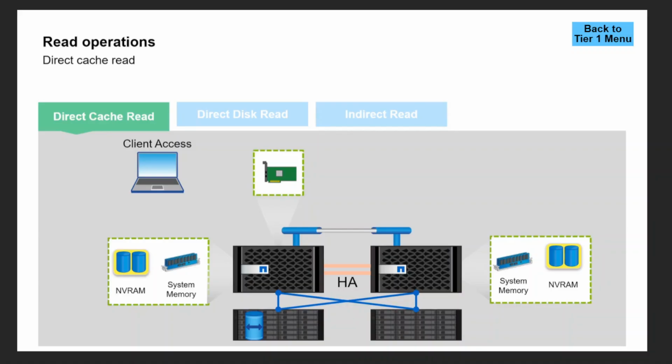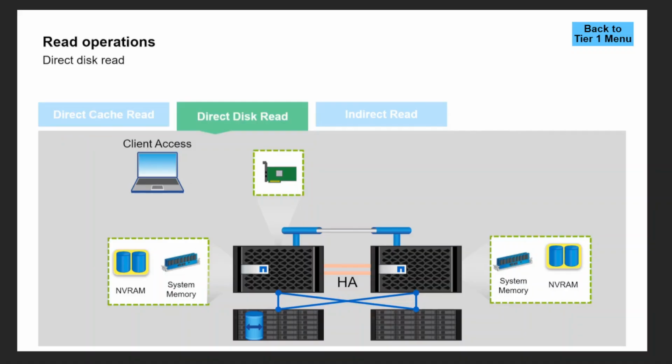If the data is still in cache, the system serves the data to the client. If the data is not in cache, the system retrieves the data from the drives and copies the data into system memory. After the data is cached, the system serves the data to the client. If another client requests the same data, the read request will be handled as a direct cache read.